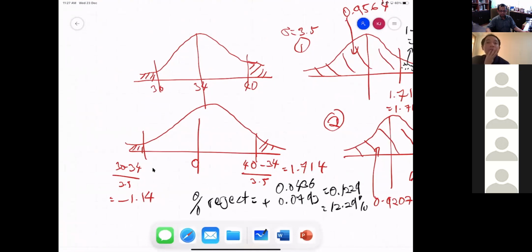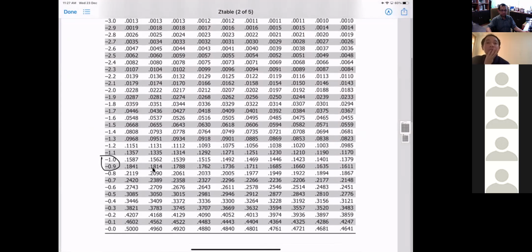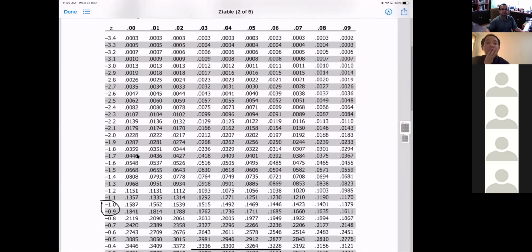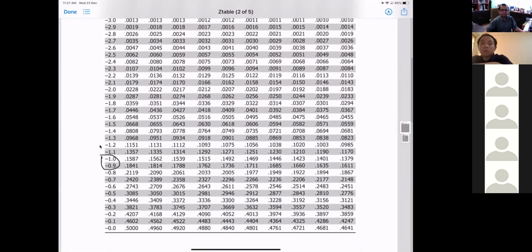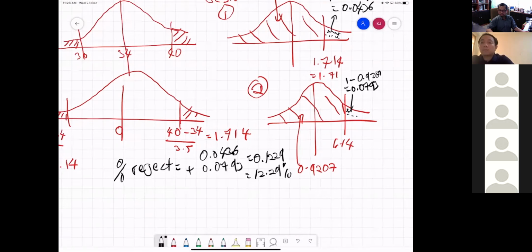Minus 1.14, minus 1.1, 1.14, 0, 1, 2, 3, 4. 12.71.